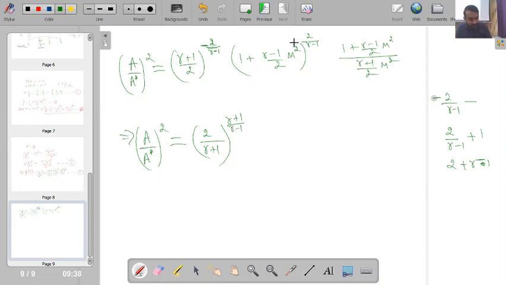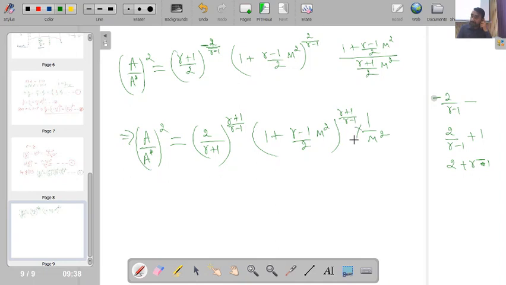Okay. Similarly, for this, if you calculate, you will be finding it 1 plus gamma minus 1 by 2 M square, and powers will be in the same ratio. So it will be becoming gamma plus 1 by gamma minus 1, and here I was having 1 by M square in the denominator. So this 1 by M square will also come.